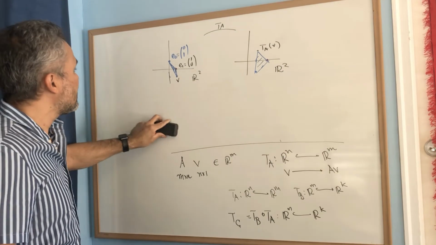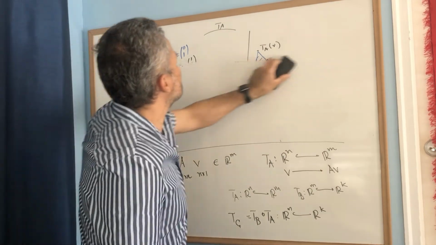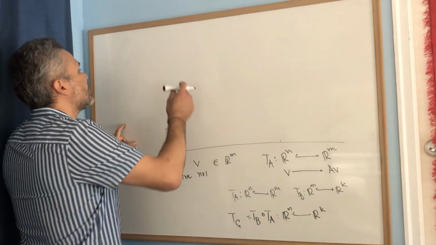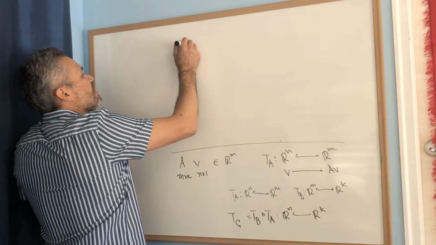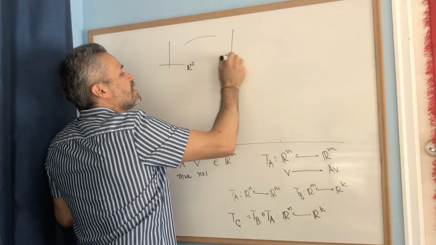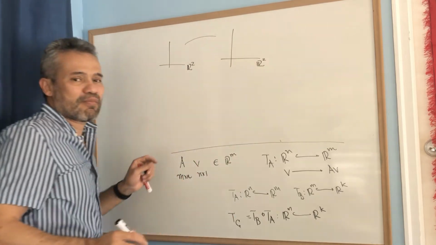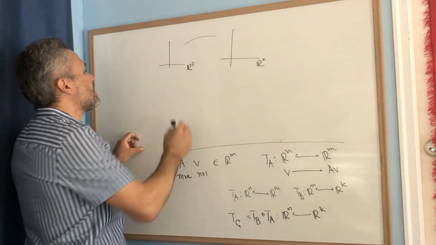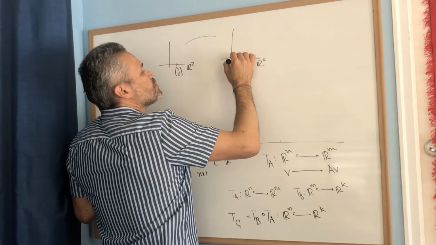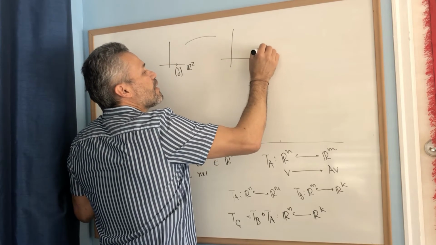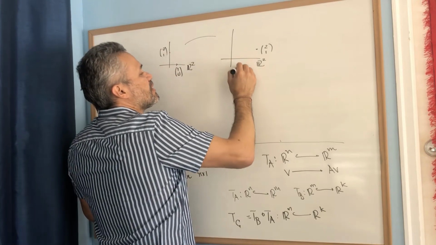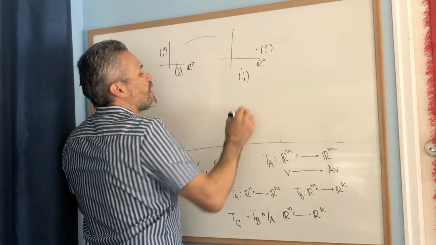One way to see it is, first, let's try to think how to find a matrix if we know the effect of some vectors. Let's suppose that we have a transformation from R2 into R2. And let's suppose that I know that the vector 1, 0 goes to, let's say, 2, 1, and 0, 1 goes to, let's say, 1, negative 1.